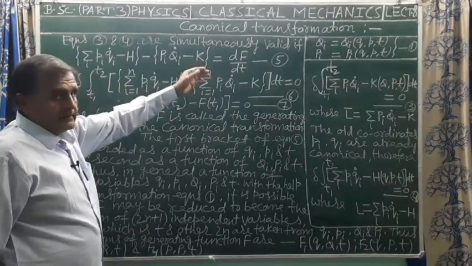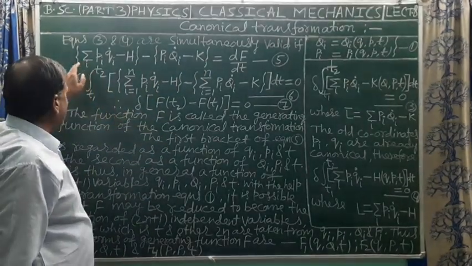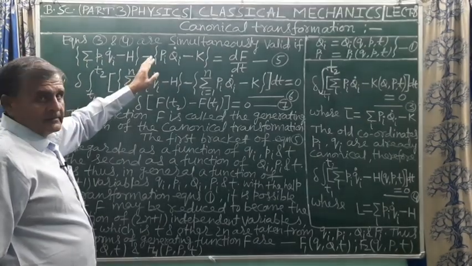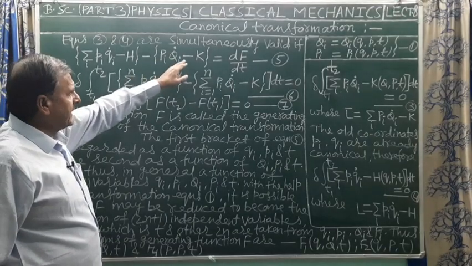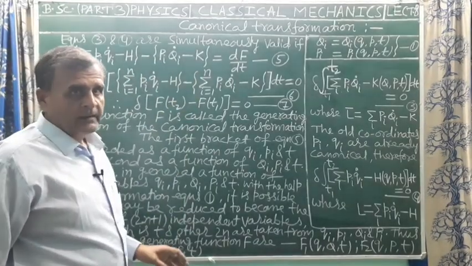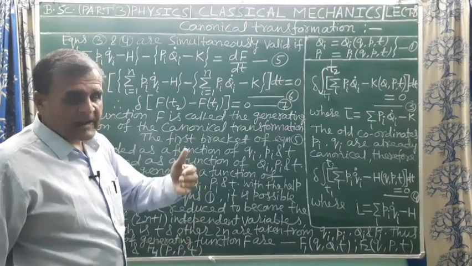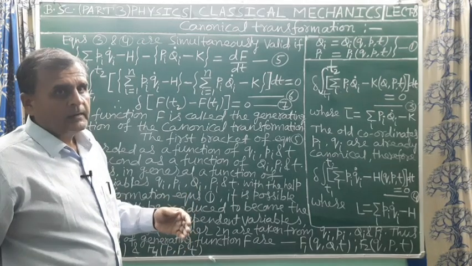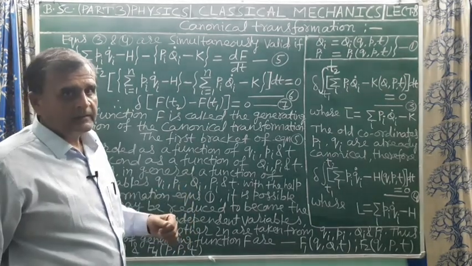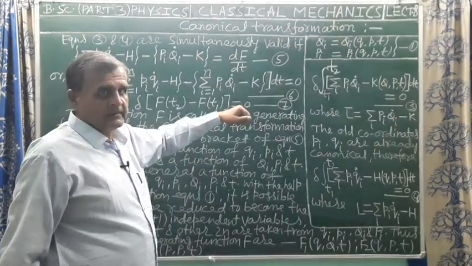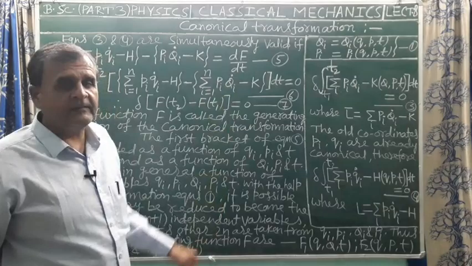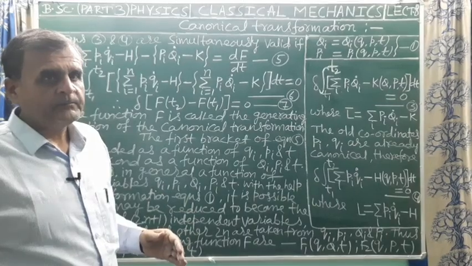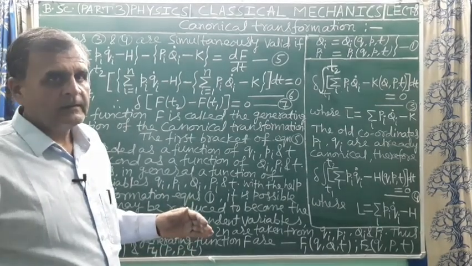And the difference of the two integrands, sigma over i, p_i q_i dot minus H, bracket closed, minus the bracket P_i Q_i dot minus capital K, must be equal to the total time derivative of an arbitrary function capital F, that is dF by dt. dF by dt is the total time derivative of an arbitrary function capital F.